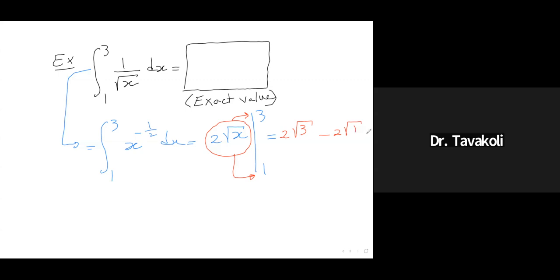Obviously, radical 1 is 1. We don't leave it as radical 1. But radical 3, I can't do anything about that as an exact number. So the final answer is 2 radical 3 minus 2. So that's the answer that we type in here, 2 radical 3 minus 2.